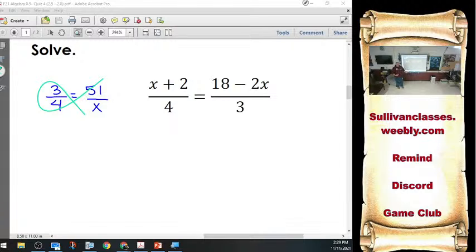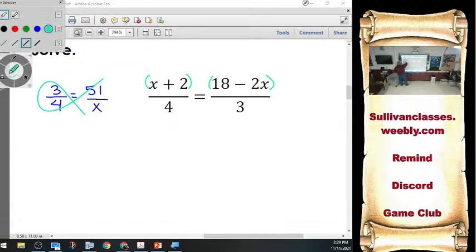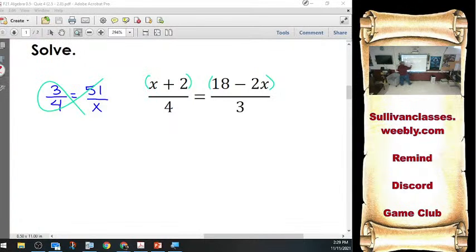I just got to be careful that when I cross multiply, what do I got to do? Parentheses and distribution. Okay. So when I take this times 4, maybe I'll just write out 4 times that stuff, just in case.